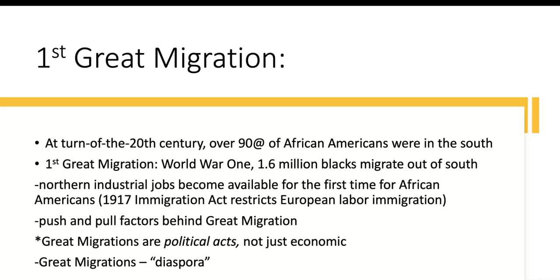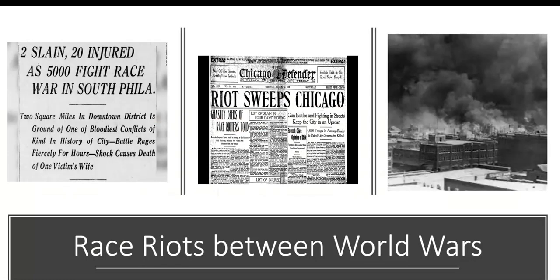And it became the case that evidently the North was no more tolerant of African American presence than the South. So this would lead to increasing racial animosity. And at the same time, after World War I, you're going to see African American soldiers that served in that war in Europe.